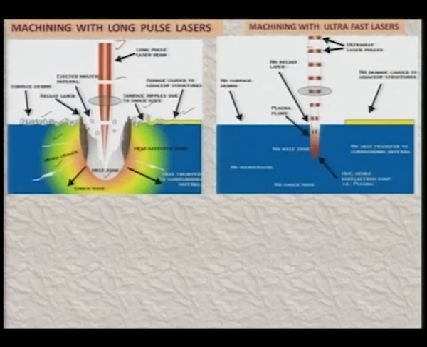You can see here there is no melt zone shown, there are no micro cracks, no shock wave is shown, no hot, dense electron soup or plasma is there, no heat transfer to the surrounding material, no damage caused to the adjacent structure, and there is no recast layer.